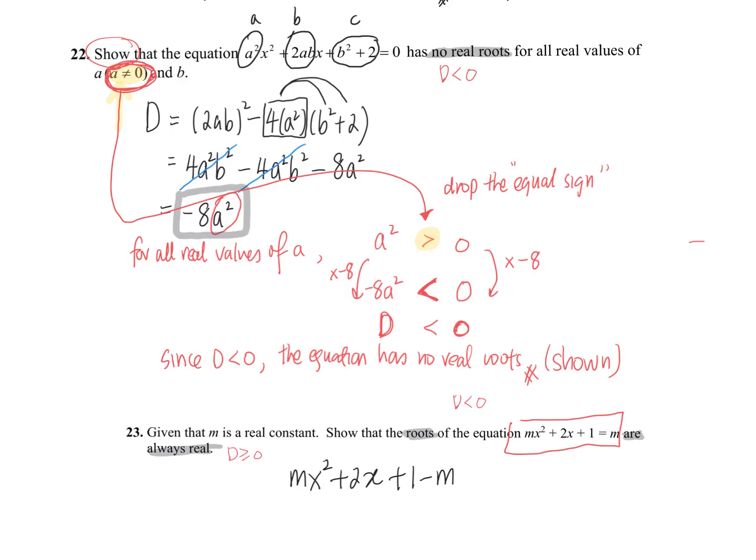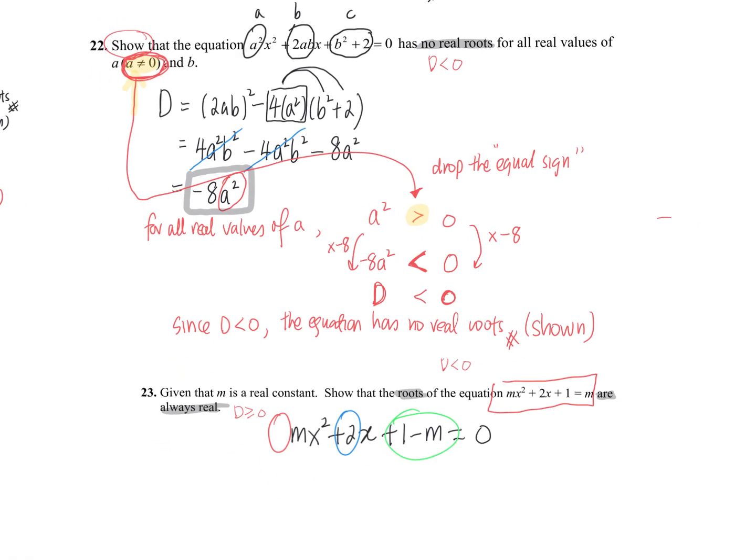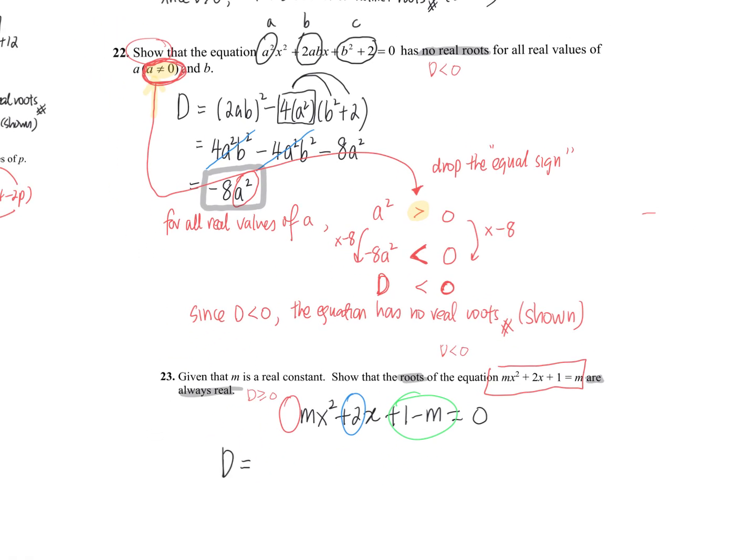Put the constant together. So this is your A. This is your B. And this thing is your C. Anything without the x is the C. So go and put it into your discriminant, B squared minus 4AC. You get this.